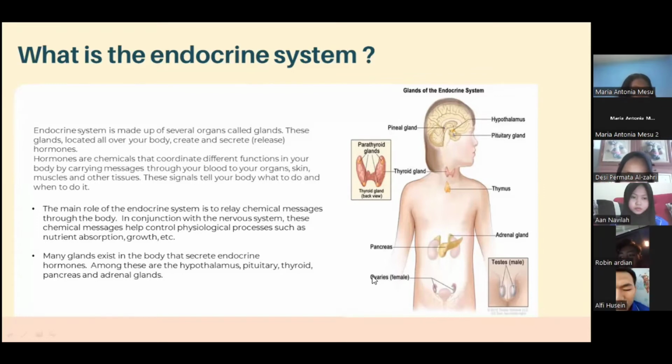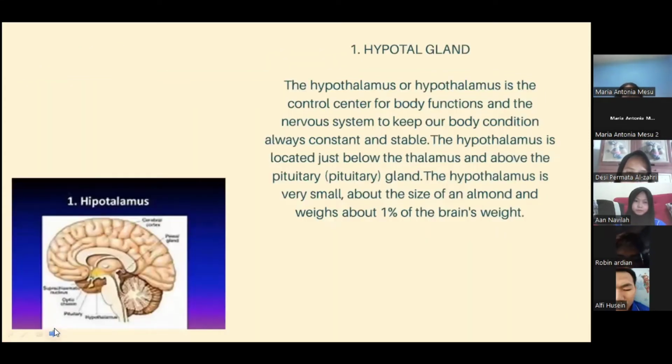Many glands exist in the body that secrete endocrine hormones. Among these are the hypothalamus, pituitary, thyroid, pancreas, and adrenal glands. One, hypothalamus.